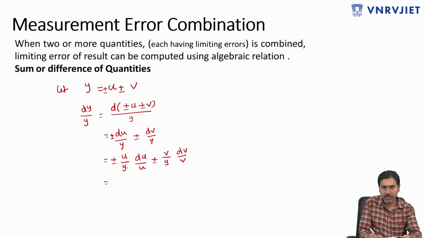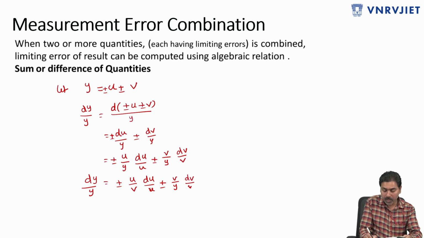The nominal value of the final measurement y is also known, and v is the same. All are known values, and the relative limiting errors du by u and dv by v will be given. Therefore we can finally calculate the relative limiting error of y by using this formula.